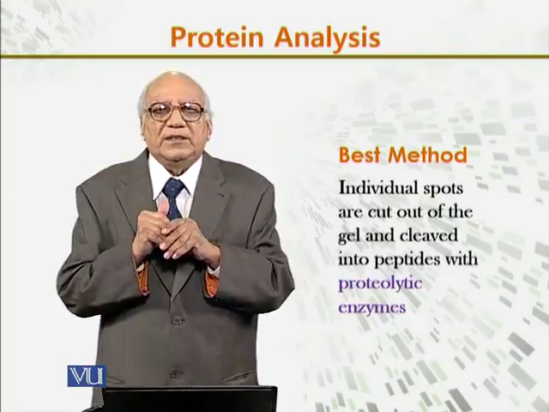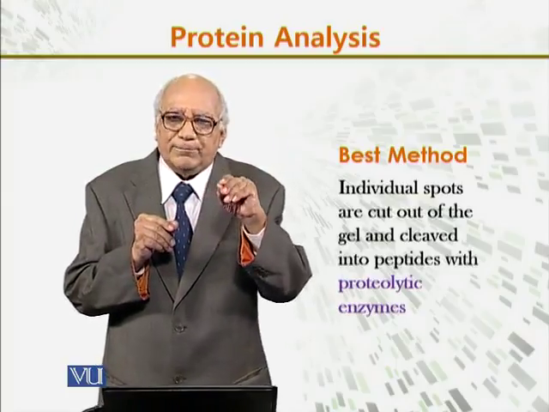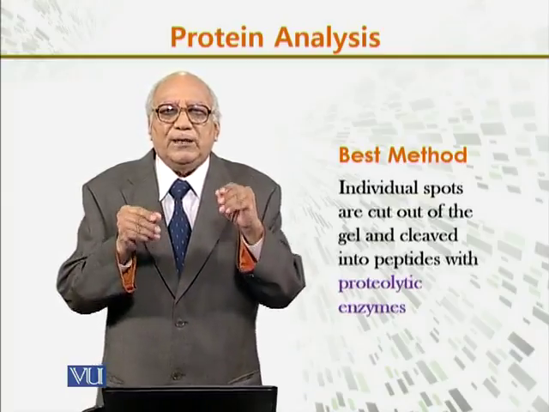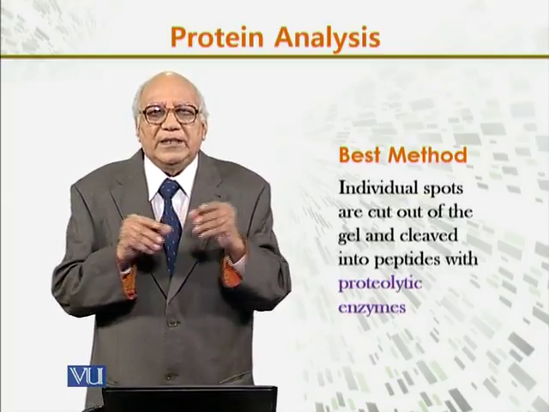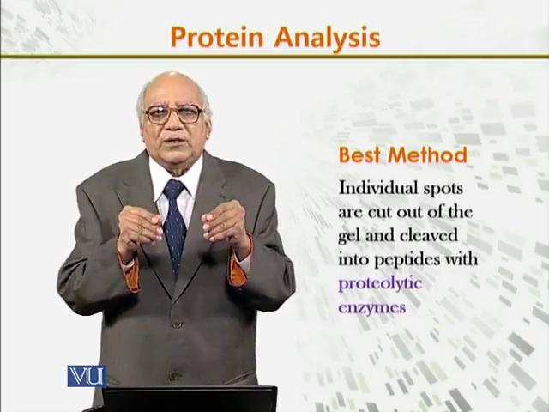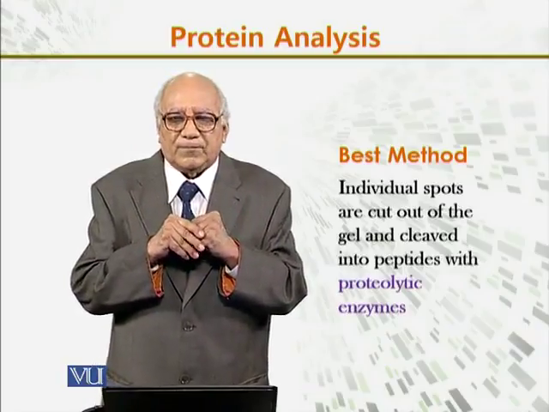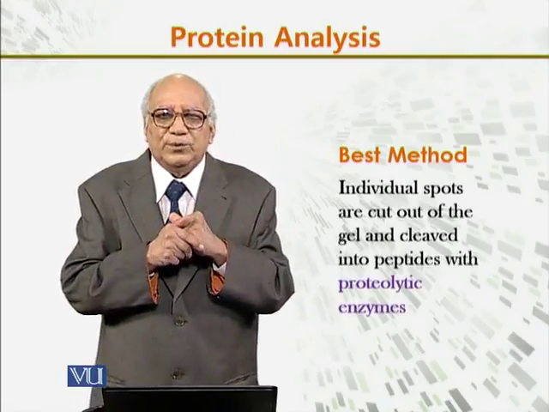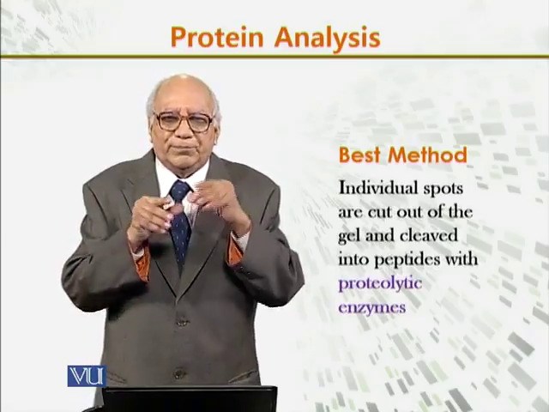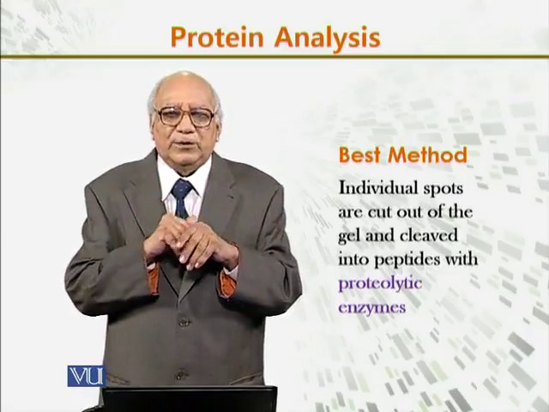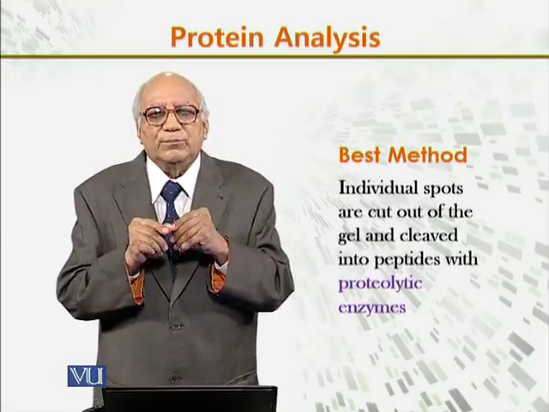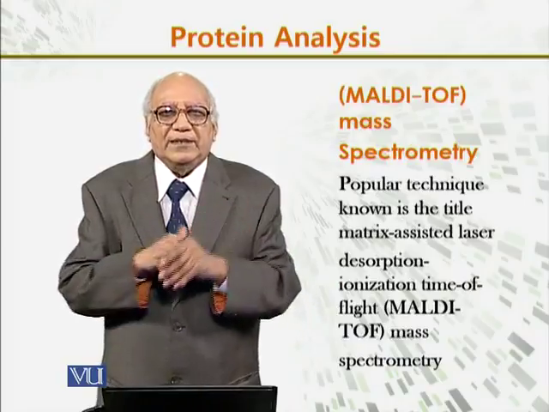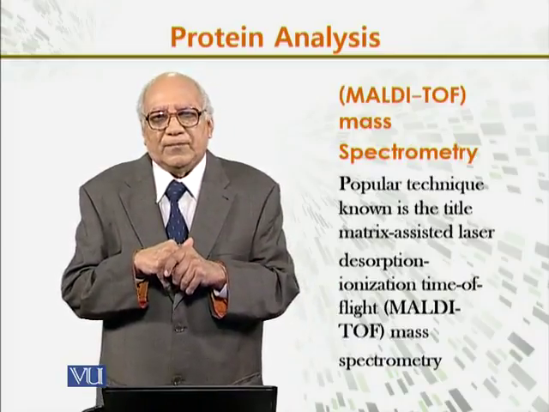Those spots indicate the peptide or the protein, and we have to separate those proteins into their building blocks, which are peptides. How are we going to do that? We break the protein molecule into peptides with the proteolytic enzymes which are available, and then we study them.